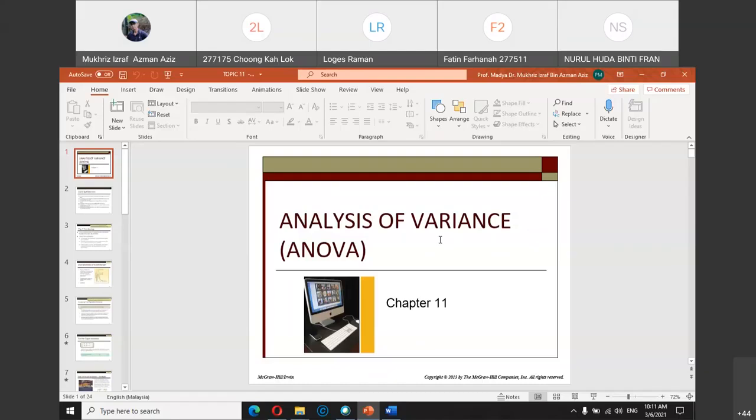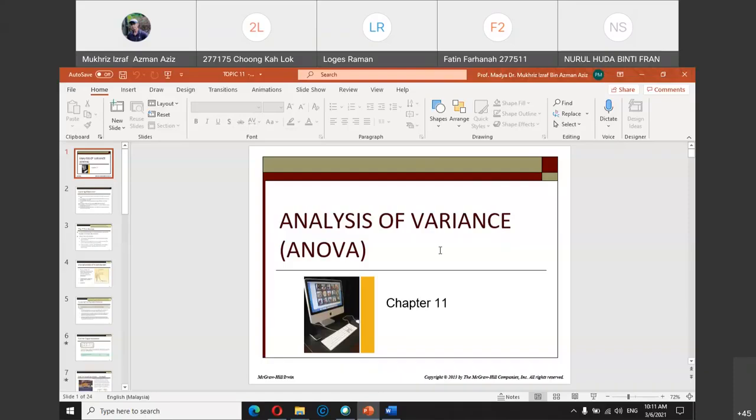And in fact, in real world research, many lecturers and researchers are using ANOVA instead of the simple 2 sample hypothesis testing, because ANOVA can also be used for 2 sample hypothesis testing, and it is much easier to interpret.